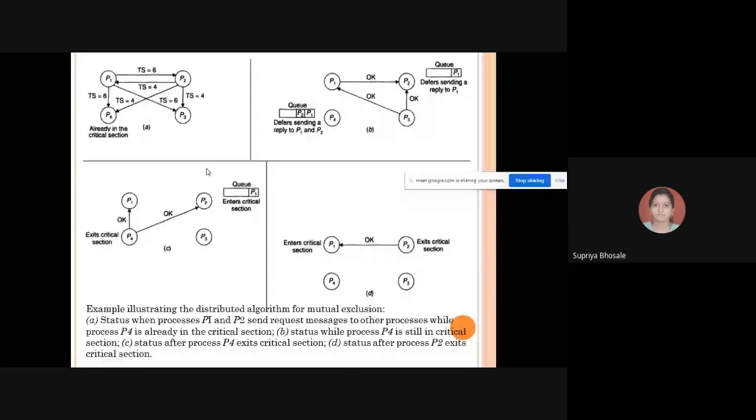So after that the next condition, here in part C: when process P4 exits the critical section, it sends a reply to all the processes in its queue. आता या ठिकाणी आपण पहिल्या केस मध्ये बघितलं होतं की P4 ला कोणाकोणाचे मेसेज आले होते, P1 आणि P2 चे, त्यामुळे त्याने दोघांनाही त्याच्या क्यू मध्ये एंटर करून घेतलं.